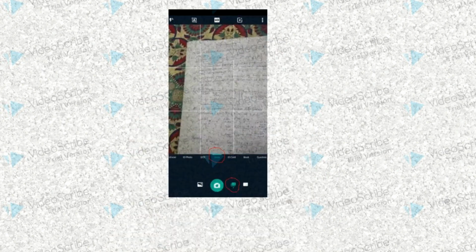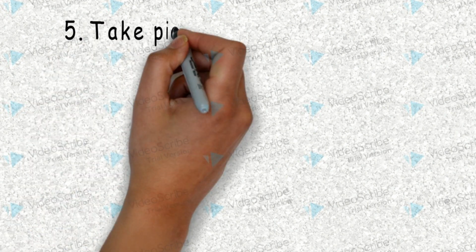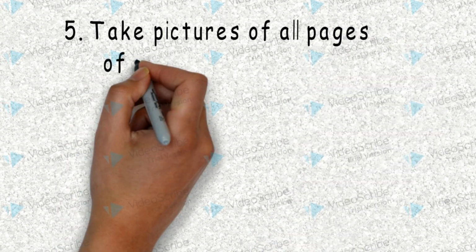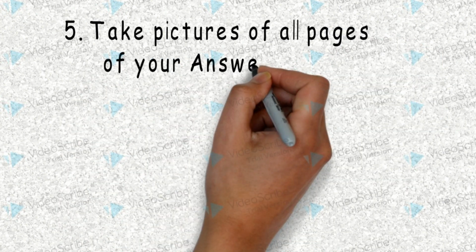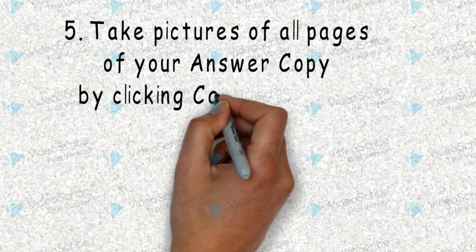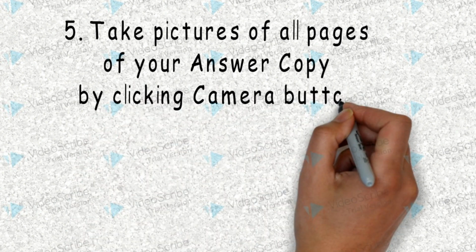You can see in the red circle area Docs option and multiple page option. In the fifth point, take pictures of all pages of your answer copy by clicking camera button again and again.